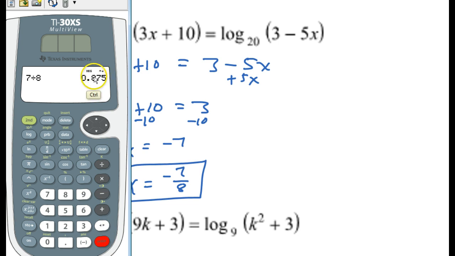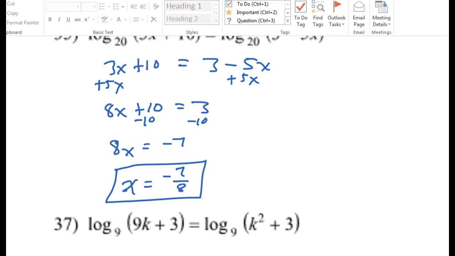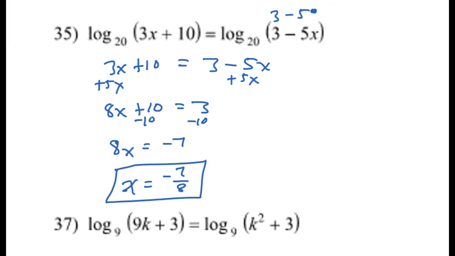It's 0.875. So remember that. So I need to check and see what happens if I do 3 minus 5 times 0.875.